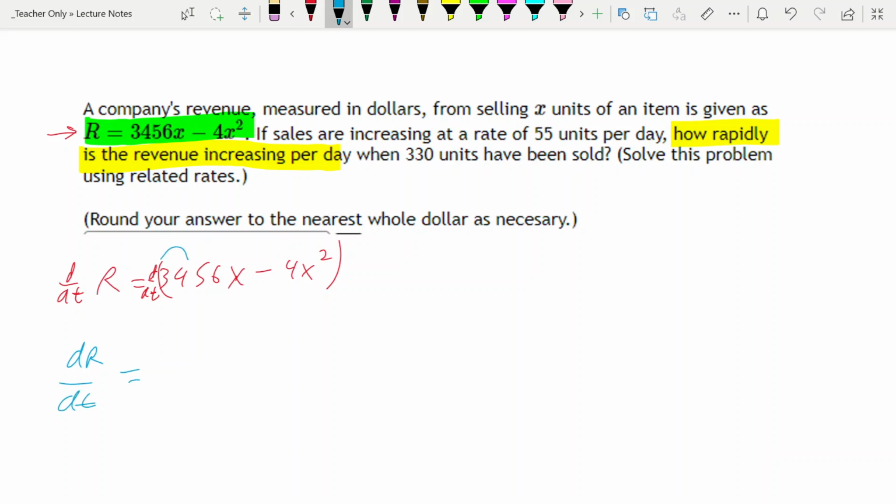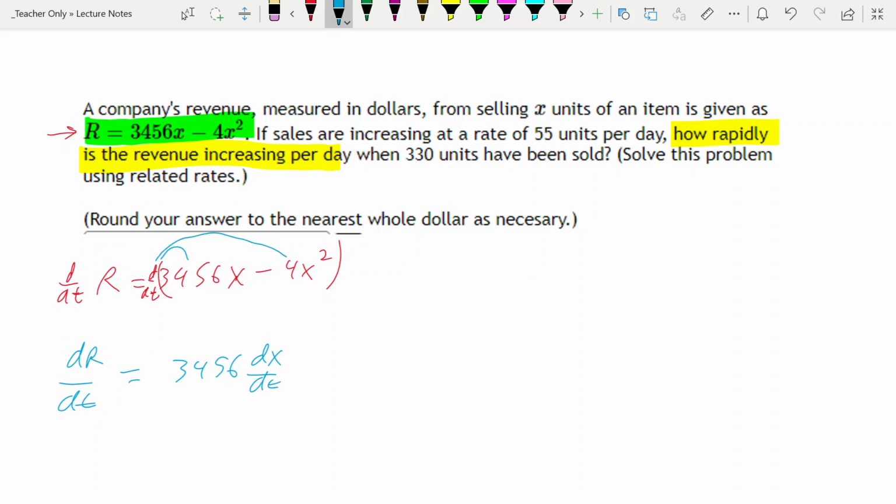Now I have to do the derivative of both parts individually. What is the derivative of 3,456x? Well, the constant multiplier rule says leave 3,456 alone, and the derivative of x with respect to time is the exact same logic as what we just did with r. It's dx/dt. No big deal.